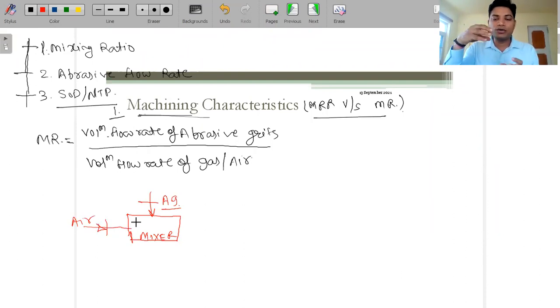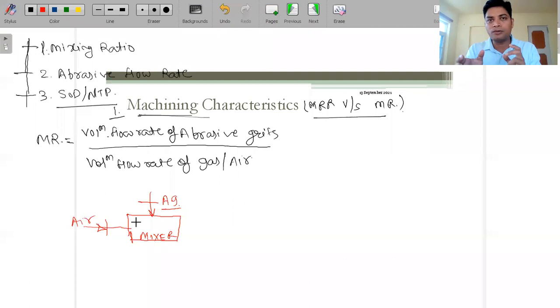In the mixer we release the abrasive grits, then the high velocity, high pressure air comes into contact with these abrasive particles and the mixing takes place. Then we take it into the hoses, and they transfer it to the nozzles.